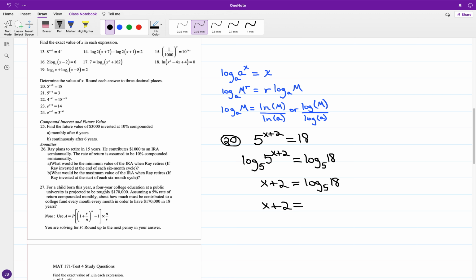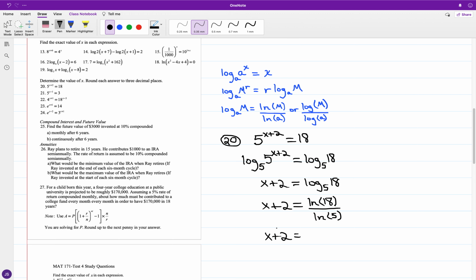Here a is 5 and m is 18, and I would just go with natural logarithms on this one, but base 10 logarithms will have the same overall effect. So x plus 2 is equal to the natural logarithm of 18 over that of 5.